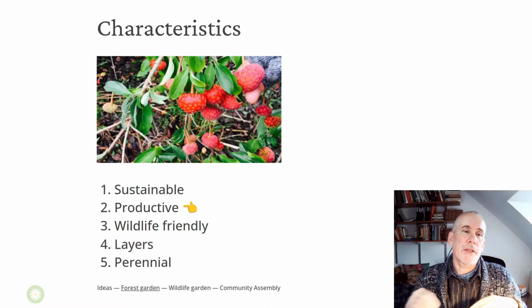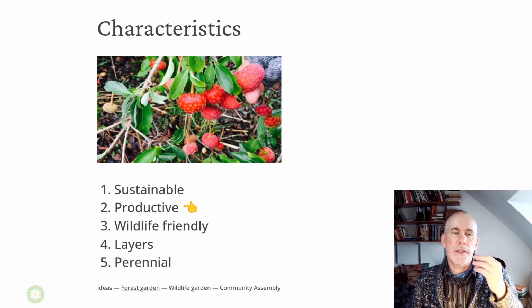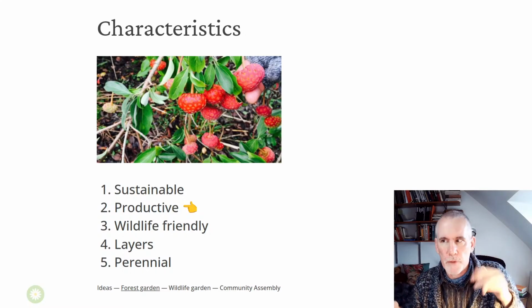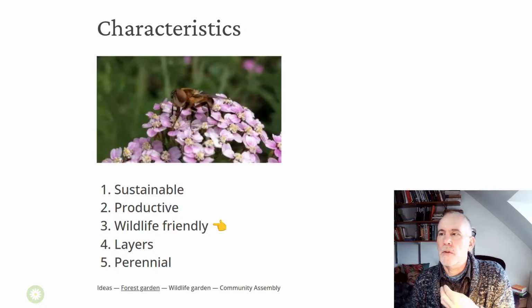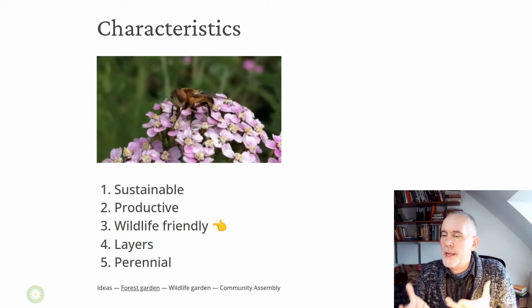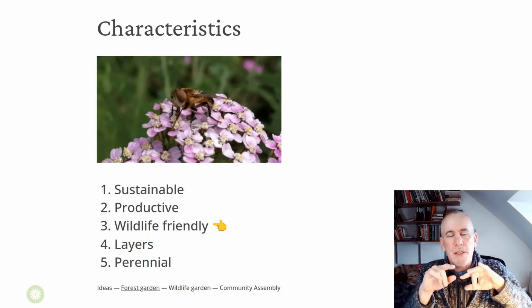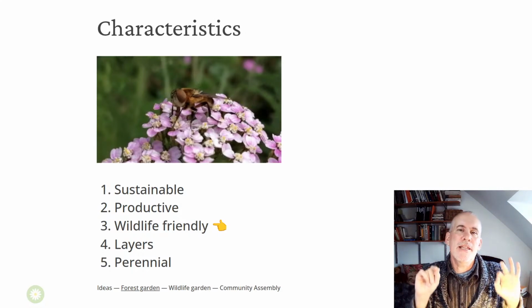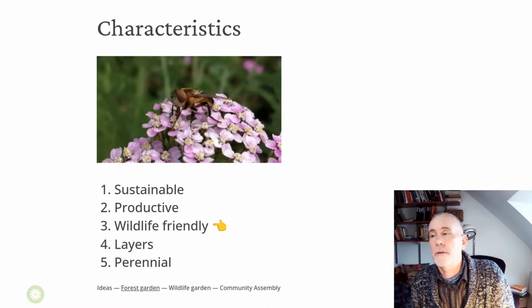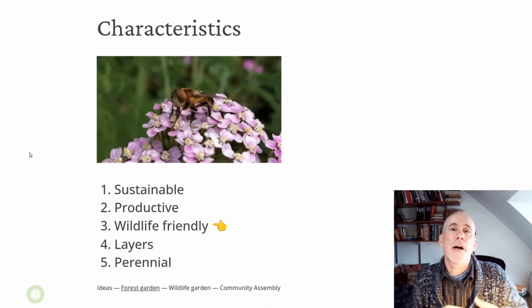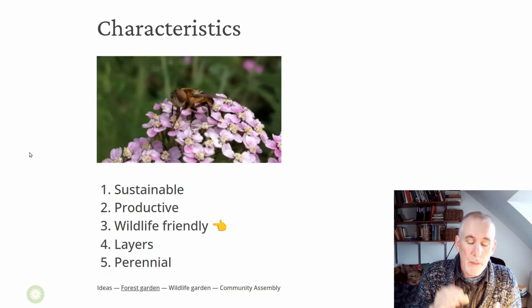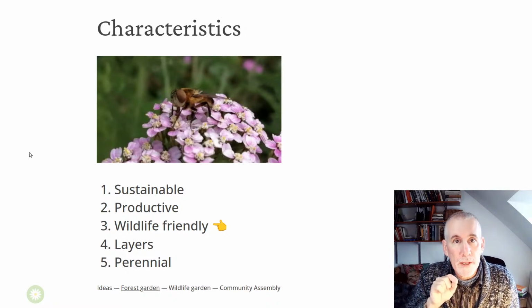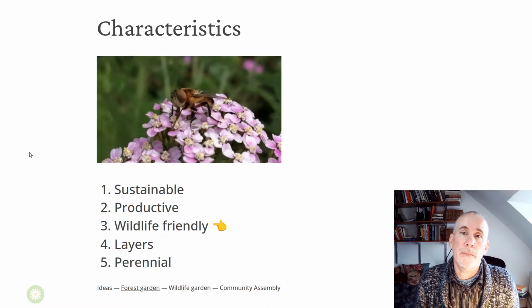A key principle is that it's productive, it's useful in some shape or form, and it's wildlife friendly, because everything you're growing in there you want to maintain itself. A key thing I keep coming back to is native plants where possible, because they co-evolve with the wildlife. Not only do they provide pollen and nectar for the pollinators, they provide the foodstuff for the invertebrates. That's the critical thing.